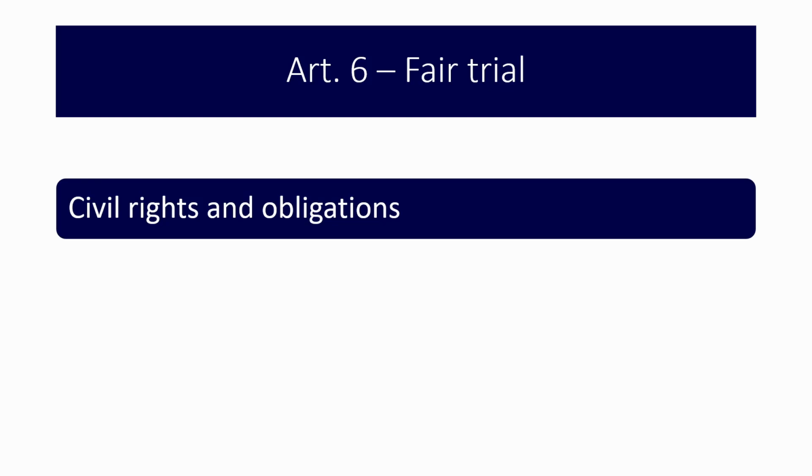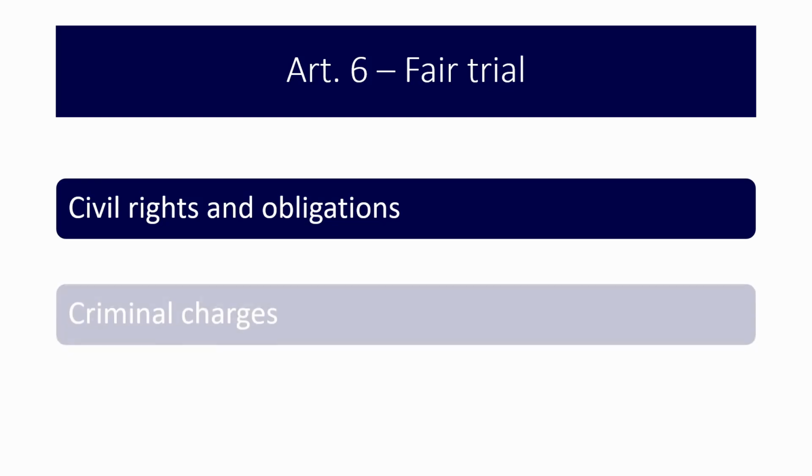However, the court interprets the terms civil rights and criminal charge autonomously. That means that proceedings which are not considered civil proceedings under national law, or charges which are not considered criminal in the eyes of the domestic courts, may still be civil proceedings or criminal proceedings in the eyes of the European Court of Human Rights.